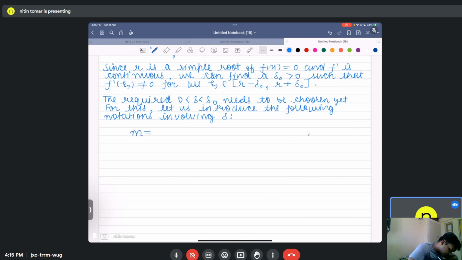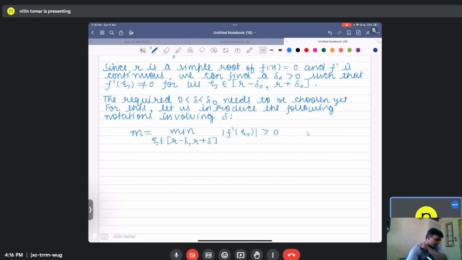So for example, you choose small m to be the minimum over r minus delta to r plus delta of f dash xi, and it has to be strictly positive.